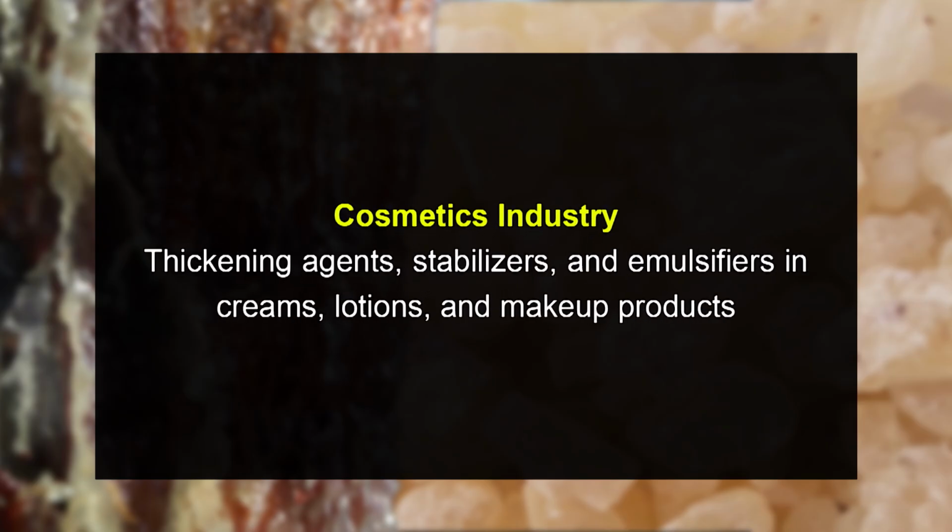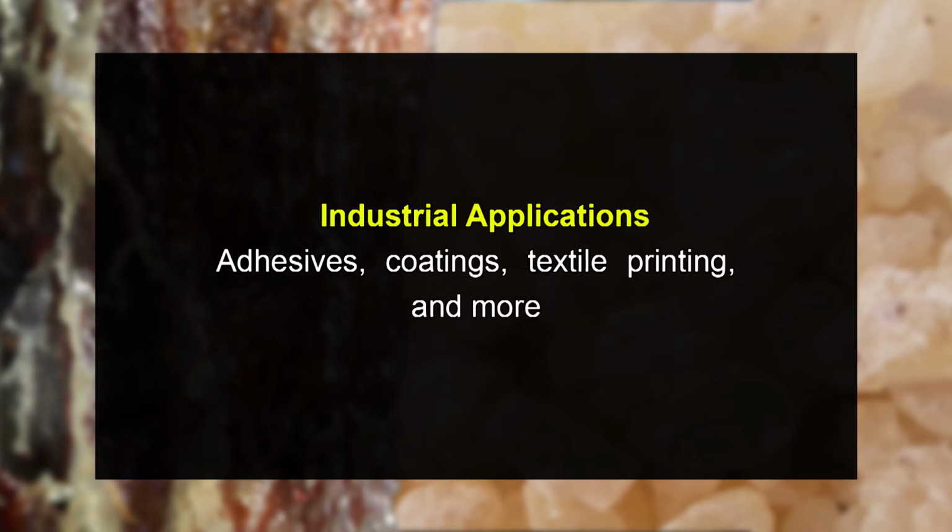They are also used in the cosmetic industry as thickening agents, stabilizers and emulsifiers in creams, lotions and makeup products. They also have applications in industry as adhesives, coatings, textile printing and more.